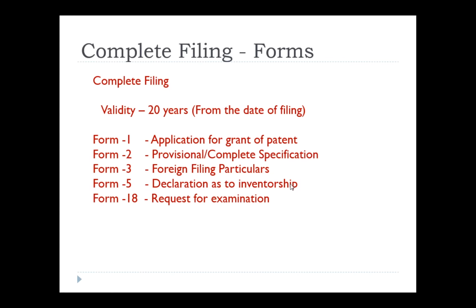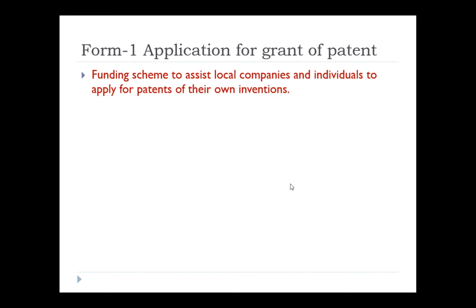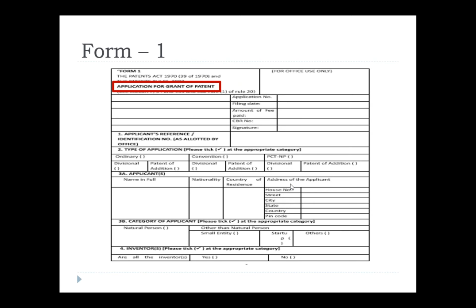So this is the entire content involved in filing a provisional patent or complete patent specification. Here I just want to show some of the forms for your own understanding. I have given all the description about these forms earlier. Now you can easily see Form 1, that is application for grant of patent.